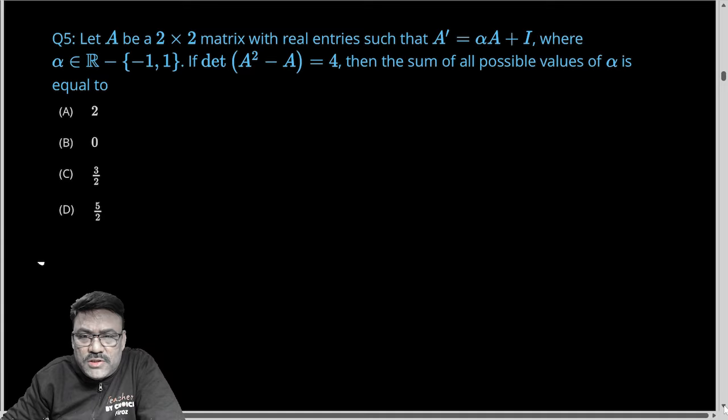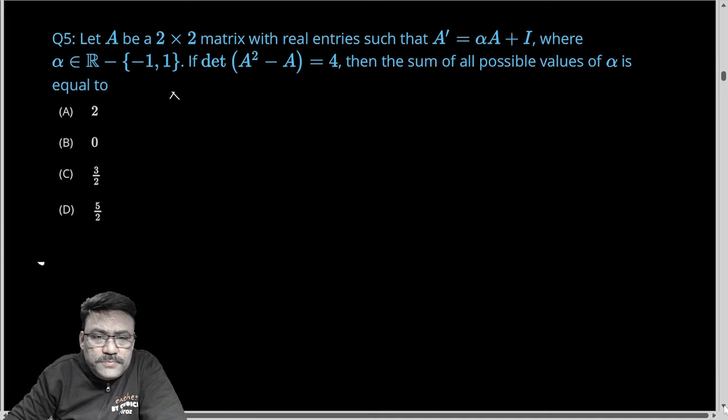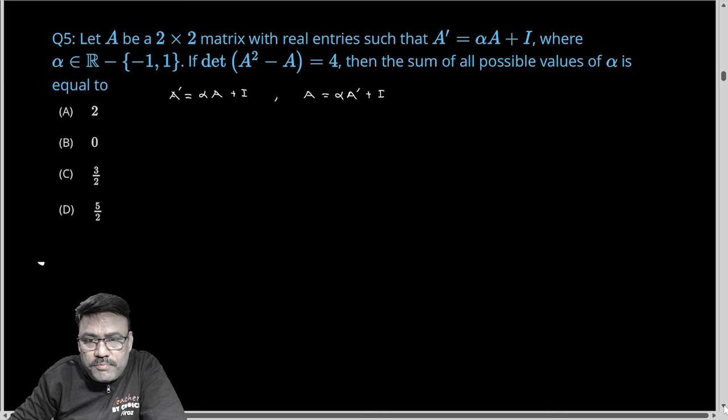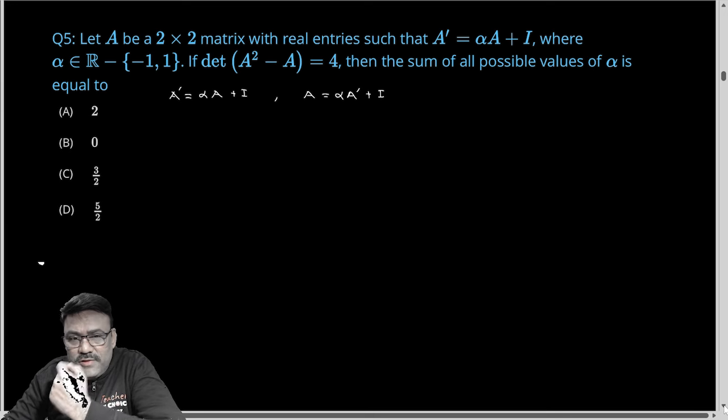So now see this equation. A transpose is given to you as alpha A plus I. If I take the transpose on both sides once again, I will get A is equal to alpha A transpose plus I. I transpose will be I only.